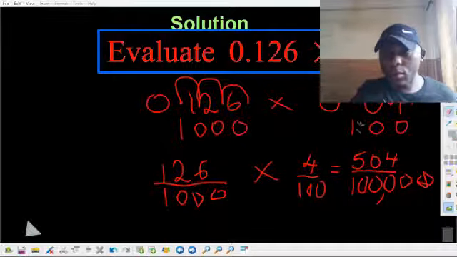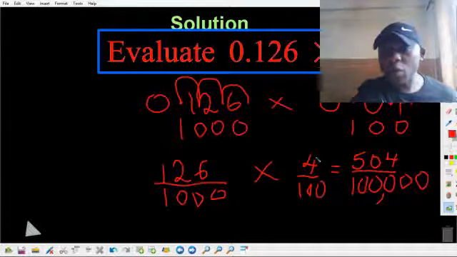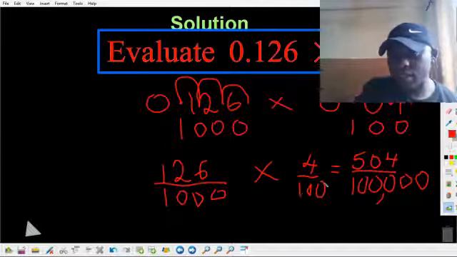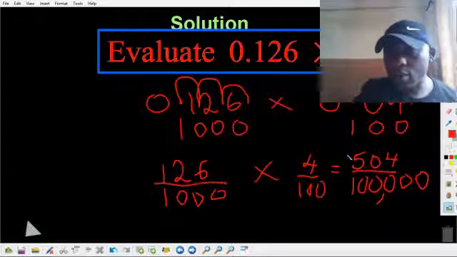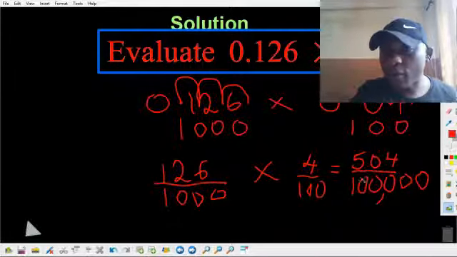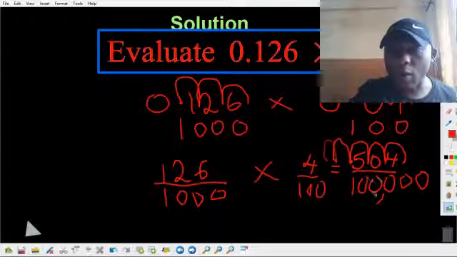What is the next thing to do? You convert it back to decimal. Now, how many decimal points are we going to count? Consider the number of zeros you have here: 1 2 3 4 5. So we're going to count 5 decimal points. Now let's go: 1 2 3 4 5.